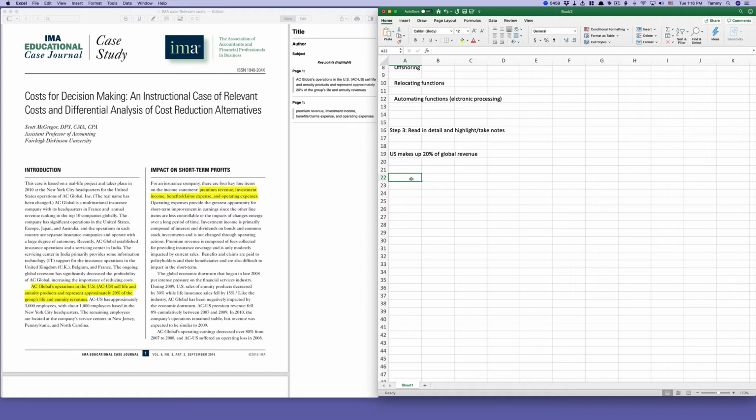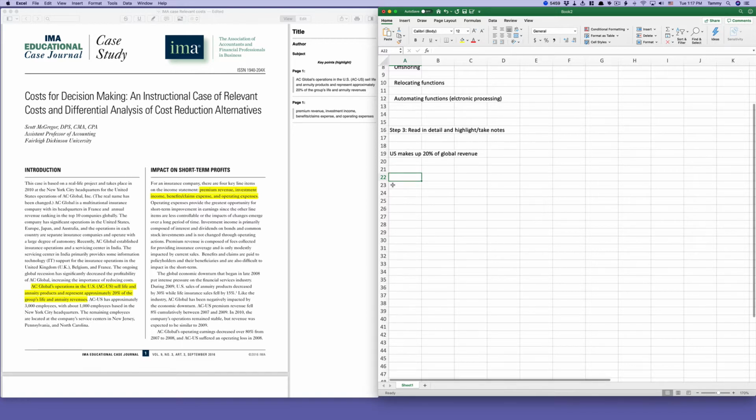Operating expenses provide the greatest opportunity for short-term improvements in earnings, since the other line items are less controllable, or the impacts of changes emerge over a long period of time. Investment income is primarily composed of interest and dividends on bonds and common stock investments and is not changed through operating actions. Premium revenue is composed of fees collected for providing insurance coverage and is only modestly impacted by current sales.